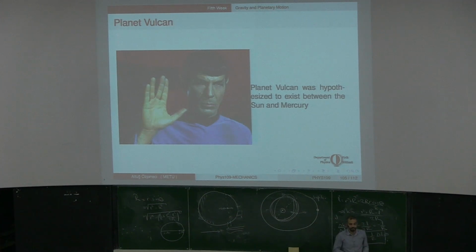They calculated the position of this hypothetical planet, which turned out to be inside the sun. It has to be inside the sun to explain that anomaly. And the name that was given to that planet was Vulcan. So that's why the planet Vulcan is so dry and so hot in the Star Trek movie. It was a planet hypothesized to explain the behavior of the orbit of Mercury.